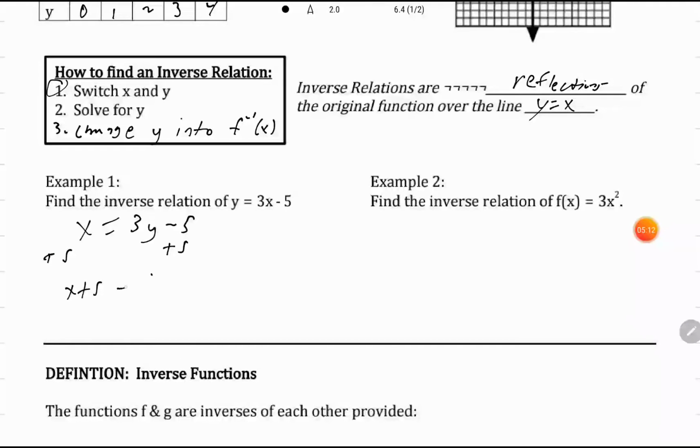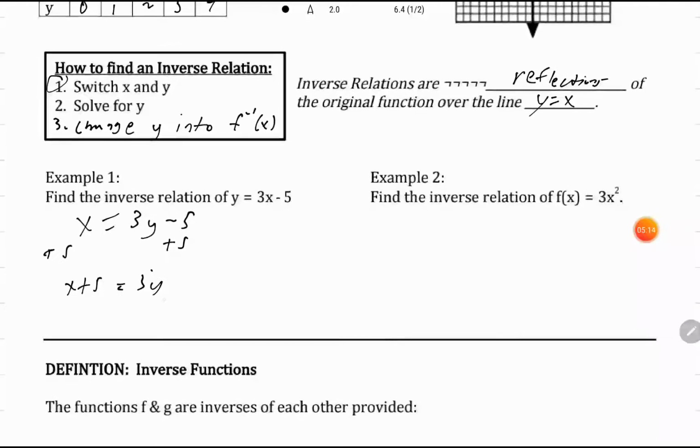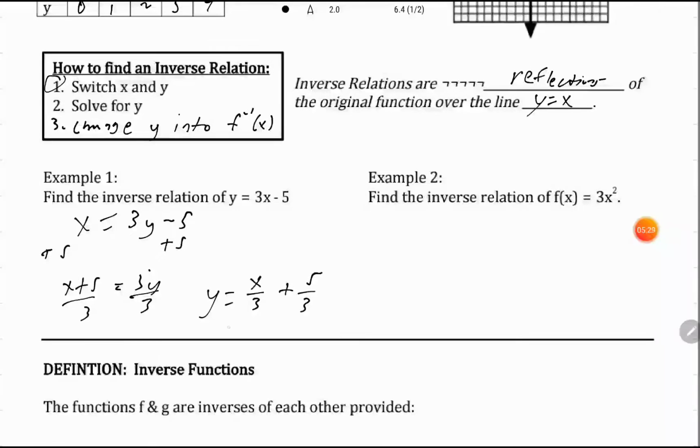So x plus 5 equals 3y. And then I'm going to divide both sides by 3. So I get y equals x over 3 plus 5 thirds. And then lastly, f inverse of x equals x over 3 plus 5 over 3.